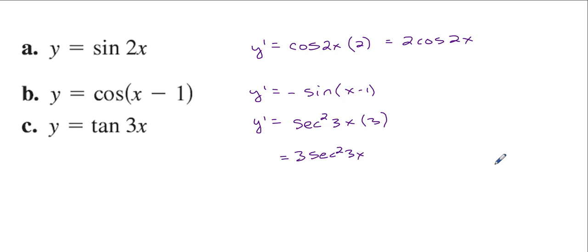Fun question, what's another way to write secant squared? Secant 3x squared like that, times 3. Okay, that could happen. Typically, we're going to write it like this.